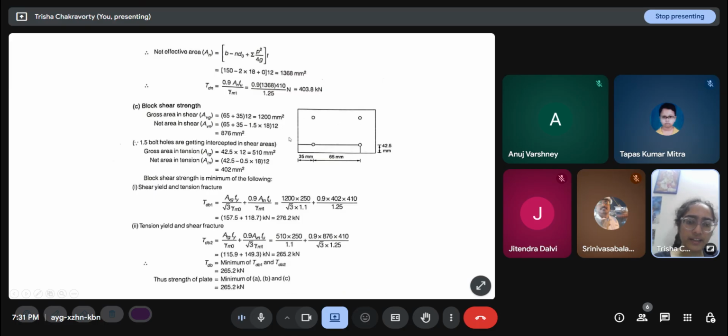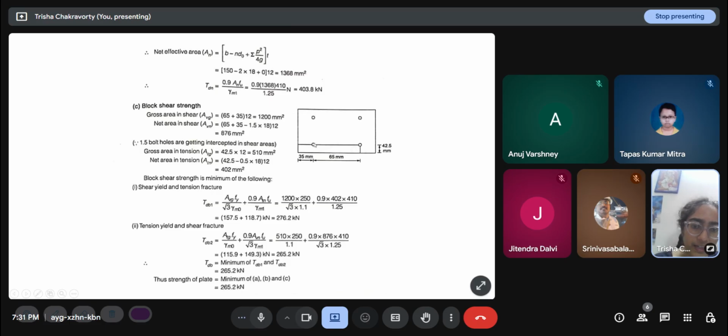So what is my shear area? The shear area is 35 plus 65, this is the length, and 12 mm is the thickness. So 35 plus 65 into 12. The net area in shear is 65 plus 35 minus 1.5 into 18, into 12. Why is that? This bolt hole is entirely considered here.